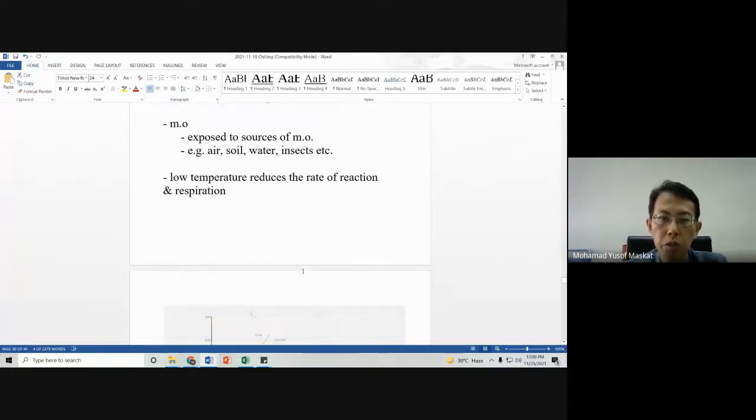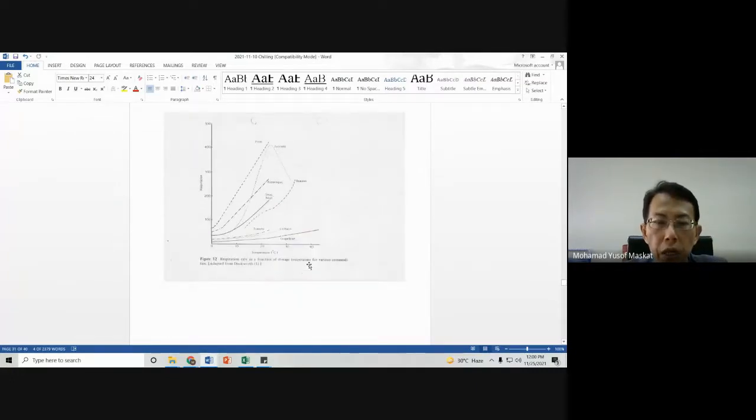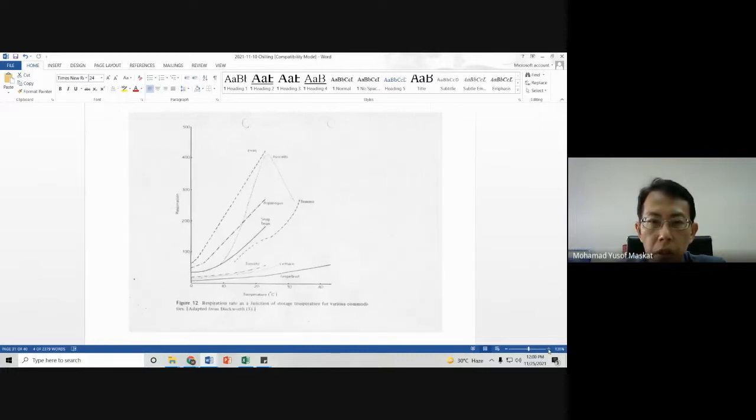So low temperature reduces the rate of reaction and also the rate of respiration. Over here you can see, when we reduce the temperature, this is the respiration rate.